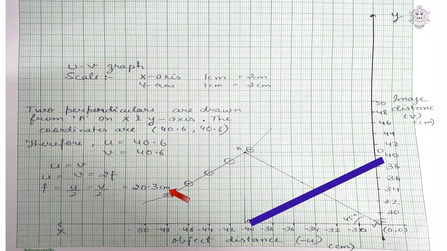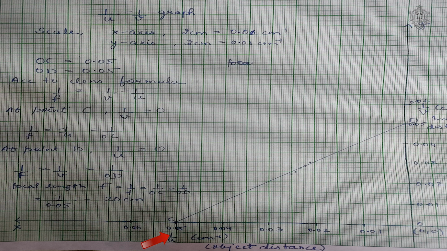20.14 centimeter. For the next graph, which we drew between 1 by U and 1 by V, it's a straight line cutting the x-axis and y-axis at equal intercepts at points C and D. Now on the x-axis we have 1 by U and on the y-axis we have 1 by V. So on calculating 1 by U, your 1 by V is equal to 0 as it lies on the x-axis.